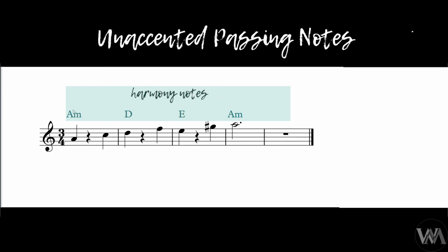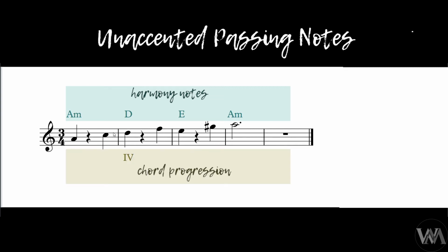As you can see from the harmony notes that are given to us, we don't have a key signature in the beginning, so it can be either C major or A minor, but in this case it's given to us that it's A minor. And we can see that here we have A minor to start off with, so we're working on the tonic, and then we move to D, and if we think about it clearly, then D would also be our fourth degree.